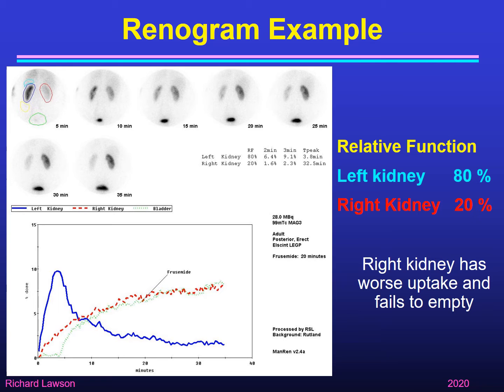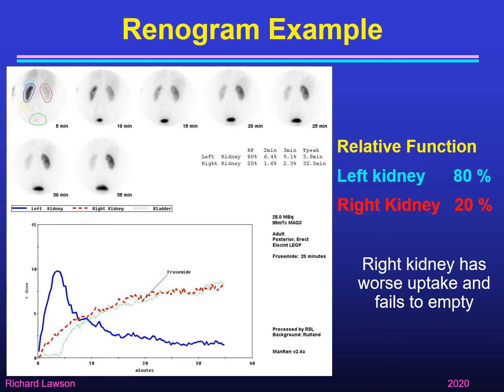So we draw a region of interest around the left kidney here in blue. We see that the curve for the left kidney shows the activity increasing with time up to a peak at about 3 minutes before it comes down and it empties quite quickly.